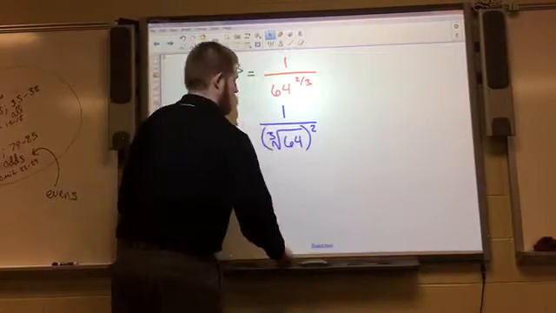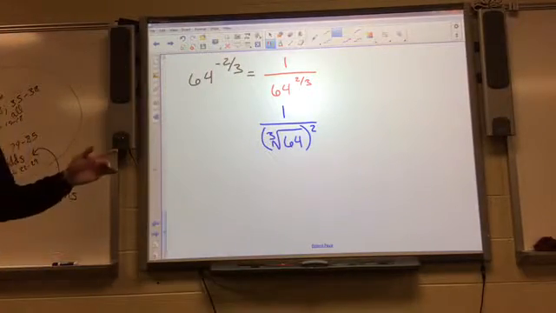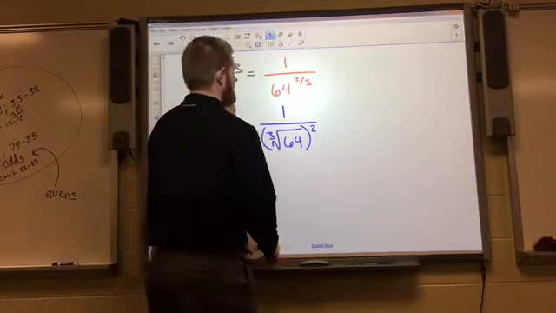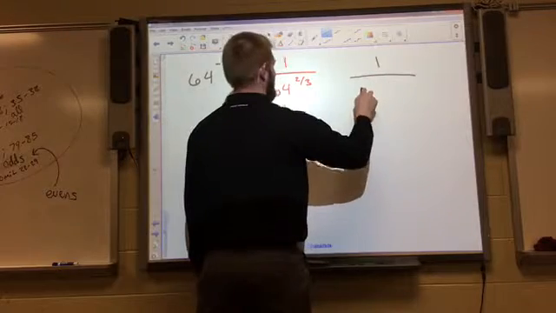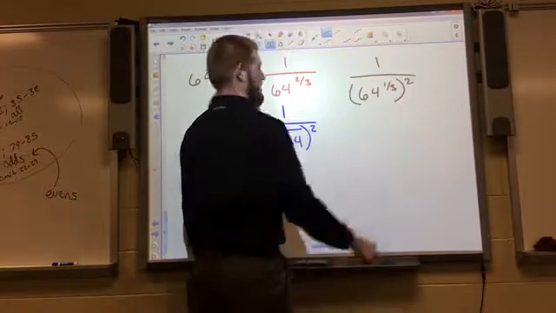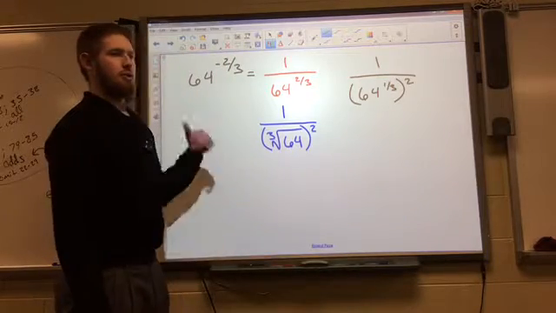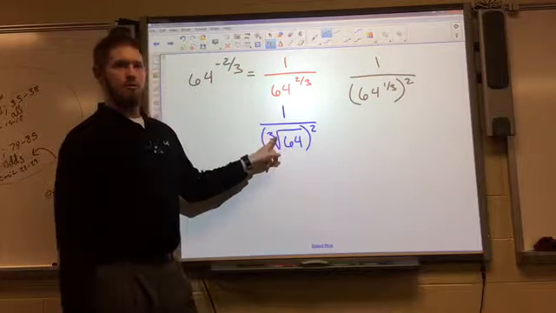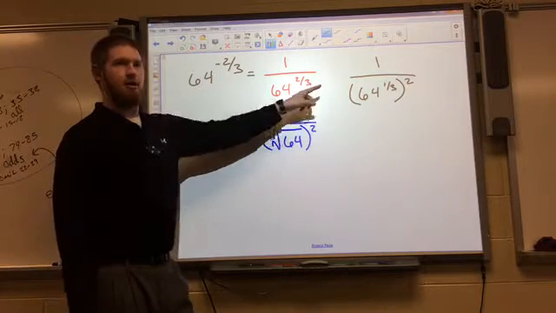Okay, so some of you are going to be able to do this. Jack skipped a step, right? Is all he did. Okay, he knew that this was the same as 1 over 64 to the 1/3 squared, right? Okay, so he did that in his mind. He knew that 1/3 meant cube root. So he rewrote this instead of writing that step second.